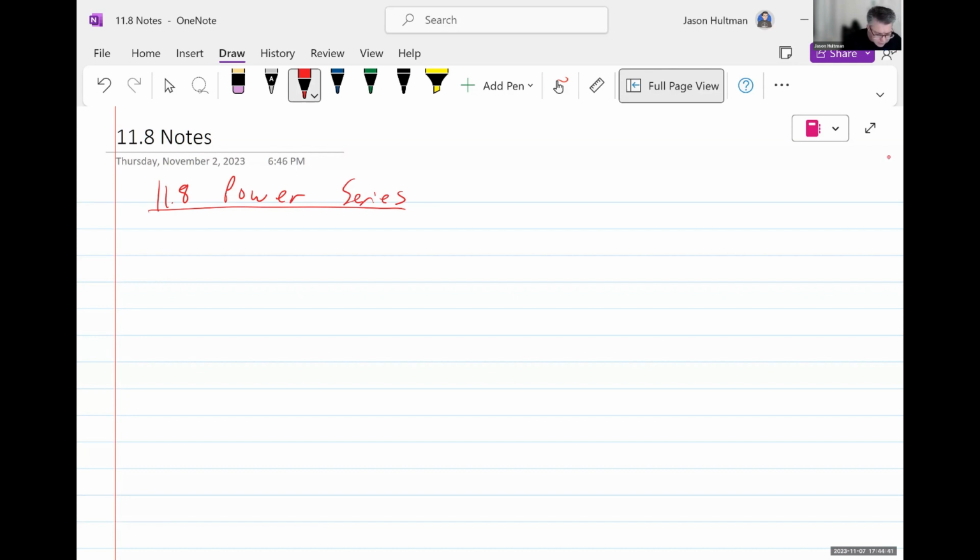Power series are of a certain form. If they're centered at 0, then they look like this, and they start at 0. The sum from n equals 0 to infinity of c_n, which is some constant, times x to the n, where we now have an x variable raised to the nth power.